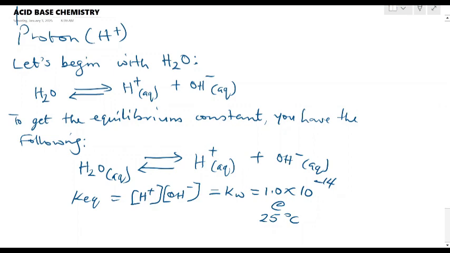This equation is a very important relationship that shows us that most of the water stays as water, and only a little bit dissociates into H plus and OH minus.